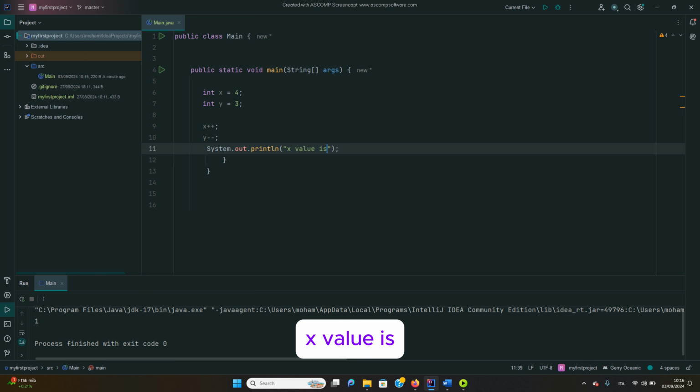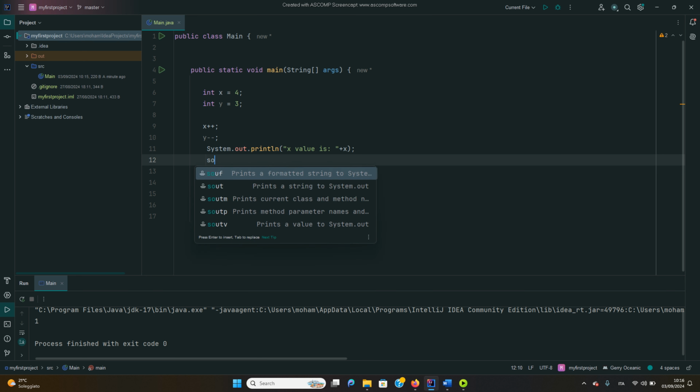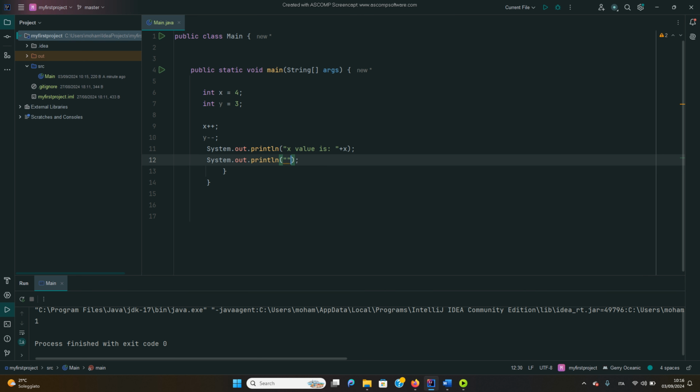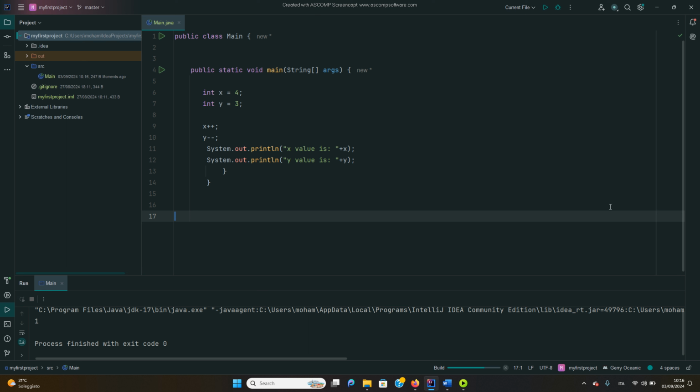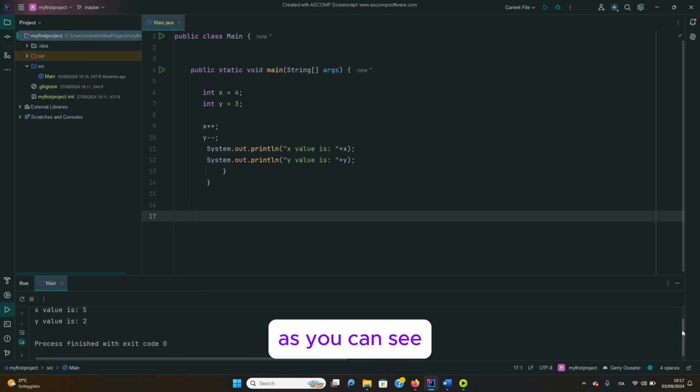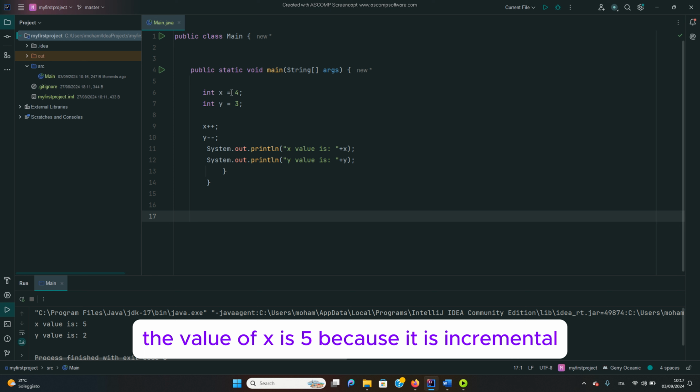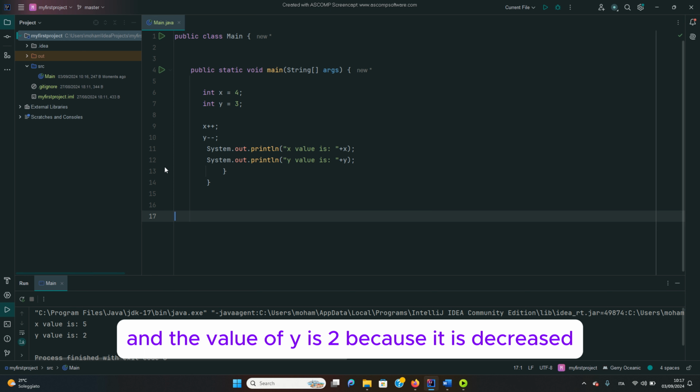X value is, let's print the result. As you can see, the value of x is 5 because it is incremented, and the value of y is 2 because it is decreased.